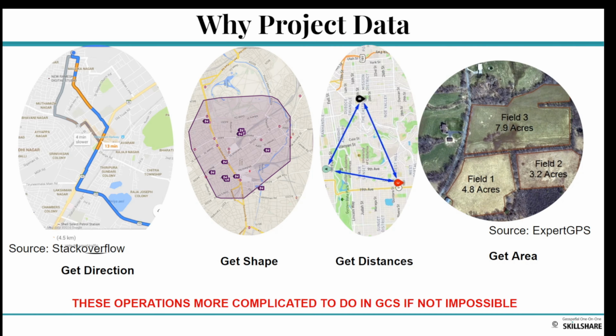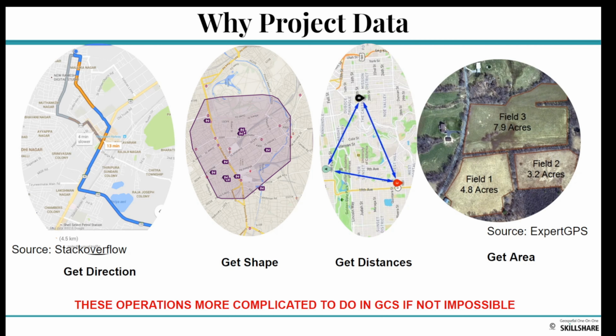We are interested to be able to get the true shape of objects on the surface of the Earth. We are interested in calculating the distances between objects on the surface of the Earth. And also we are interested in getting the measurements, like the areas of things on the surface of the Earth.